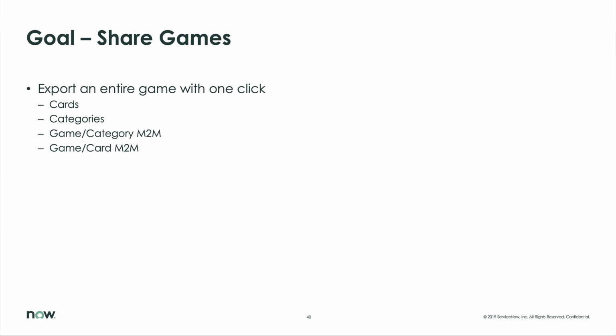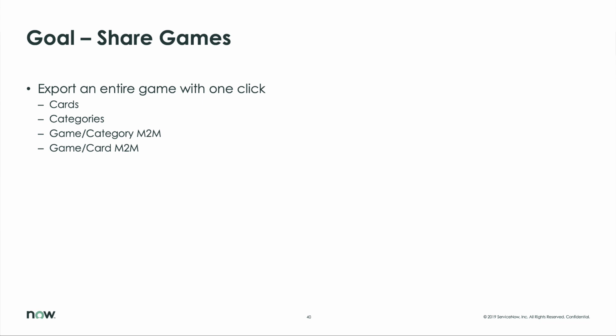We could take all of this wonderful information around the categories, the cards, everything, not necessarily the players, because the players for my game are going to vary from yours, and export all of that rich information in one XML, not five, where one is the game, one is the many-to-many table for the players, and so on. That gets tedious. One link, one XML file, and be able to share these things.